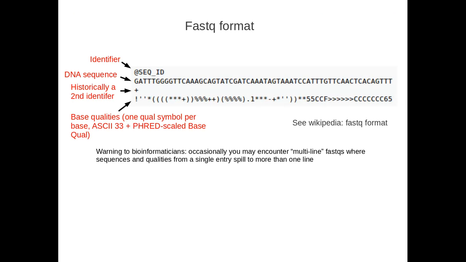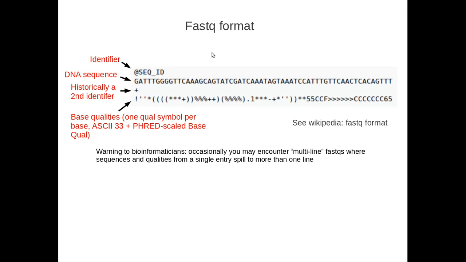So just to review what FASTQ format is, this was from week 1. Typically it's a 4-line per read format, where we have the forward reads in one file and the reverse reads in a second file, from a paired end run, that is. If you have a single end run, you end up with only one FASTQ file.